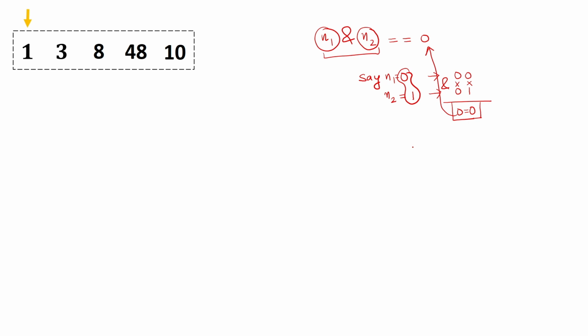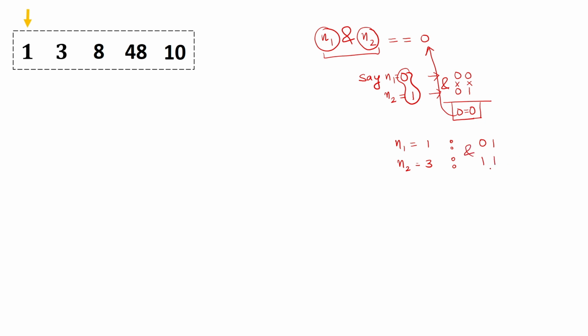Now what would happen if I have, say, n1 equal to 1 and n2 equal to 3? Can I have these two as a part of my subarray? First of all, we need to check the binary representation of 1. This is 0 and 1. What is the binary representation of 3? That is 1 and 1.